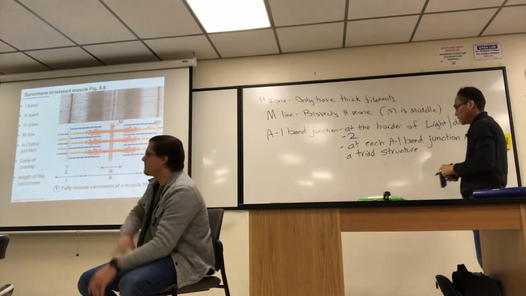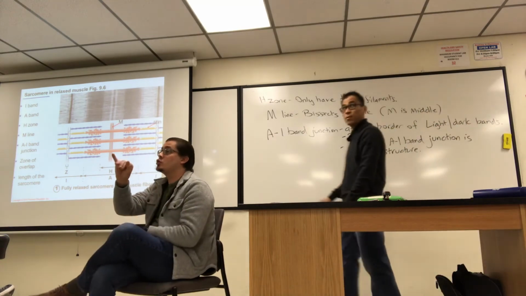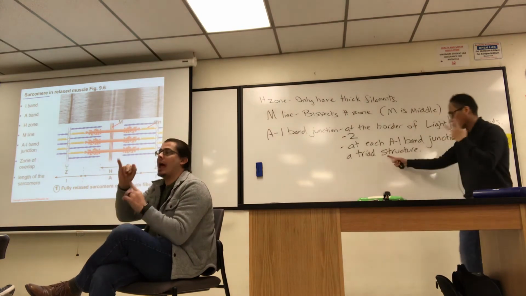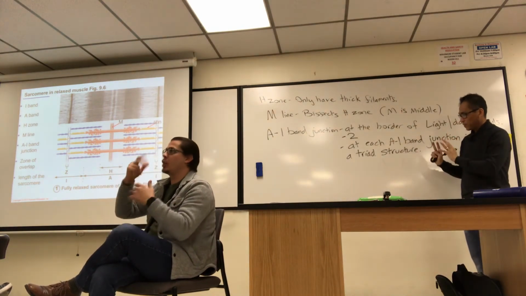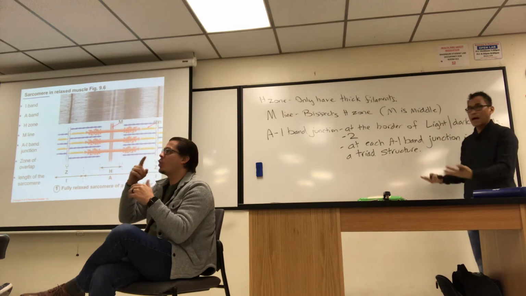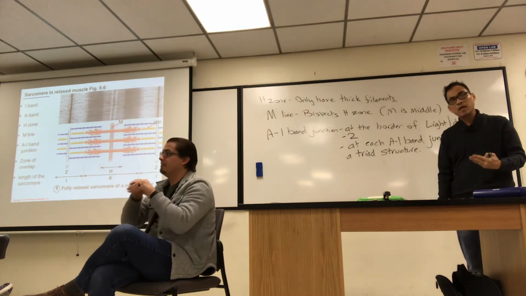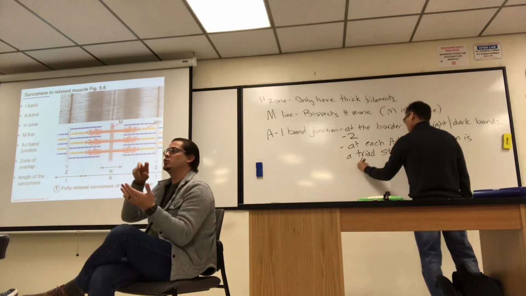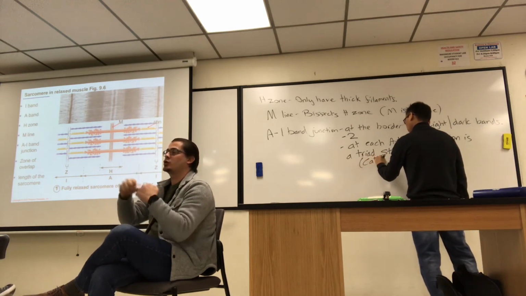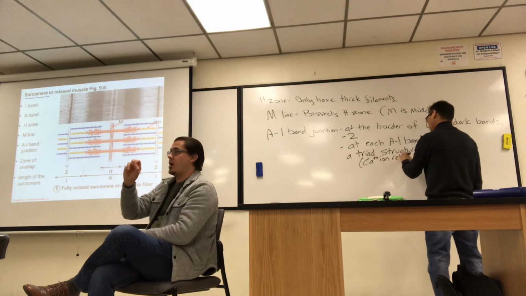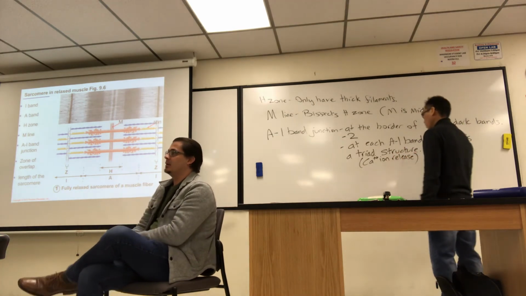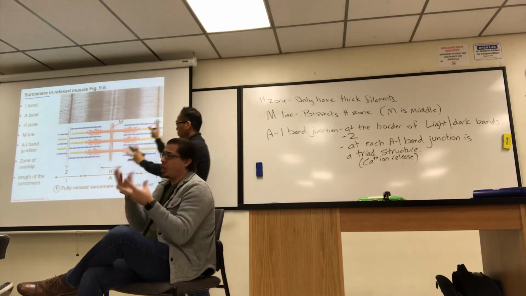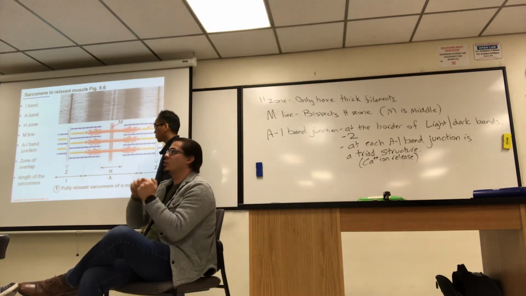I'll define what that is. Triad implies how many things, though? 3. So at each of those I-band junctions, there's this triple structure. Basically, it's for the release of calcium. Calcium is very important for muscle contraction. So we have to study the triad structure. Calcium ion release. Ultimately, for the physiology, you have to saturate this sarcomere structure with calcium so the muscles can contract.